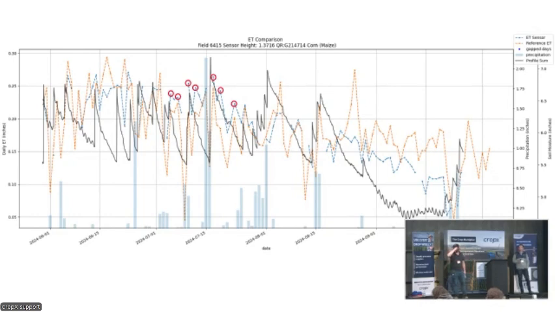Most of it was probably true transpiration, but at the same time, probably some of it was evaporation. And oftentimes the reference ET was too high and unreasonable at the end of the season, like I said.